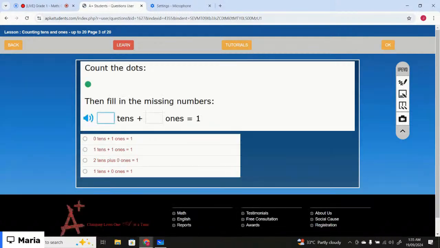Count the dots. So which is the correct option?